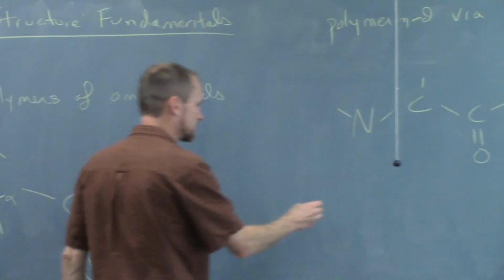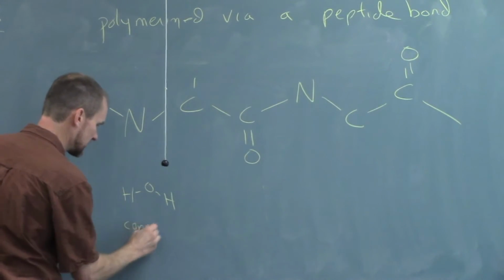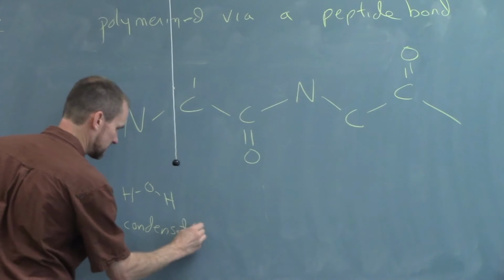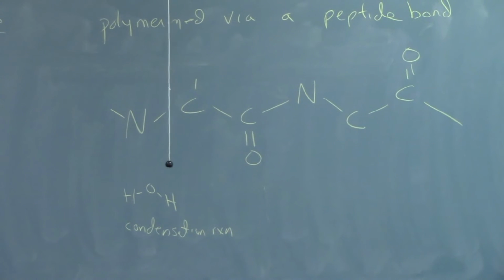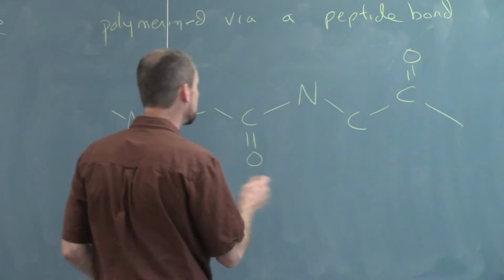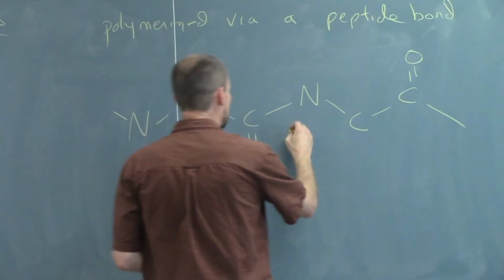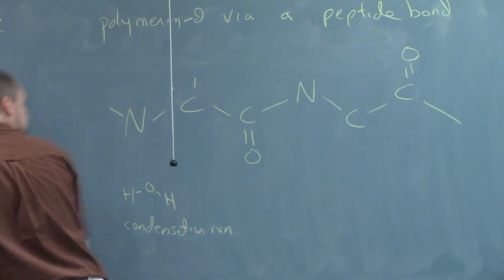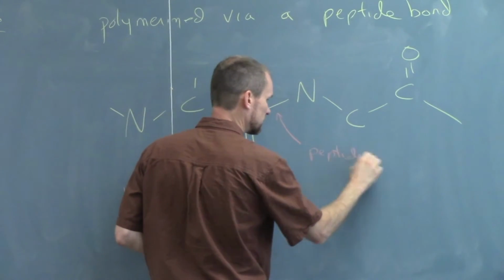So that's going to take away water, so this is going to be a condensation reaction. It produces water. We get rid of water to make the amino acid bond. So there's the peptide bond.